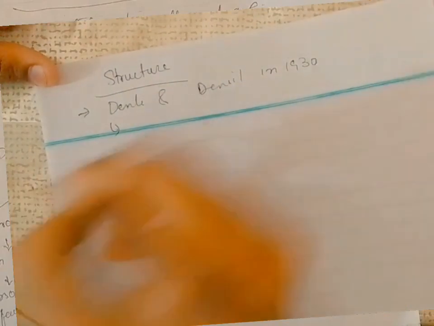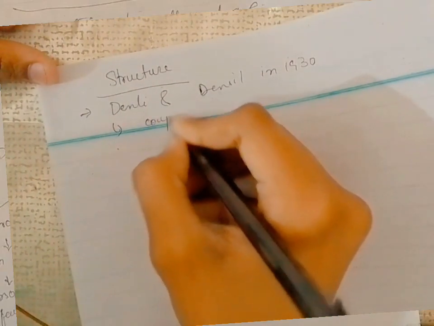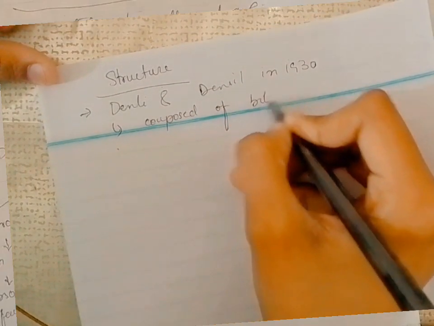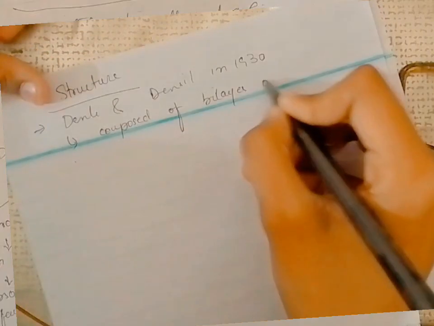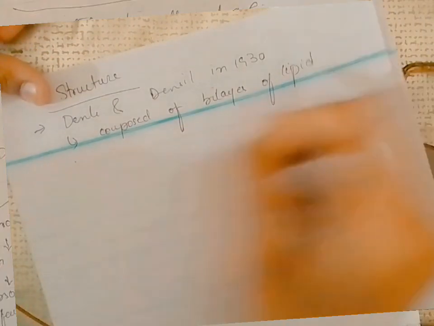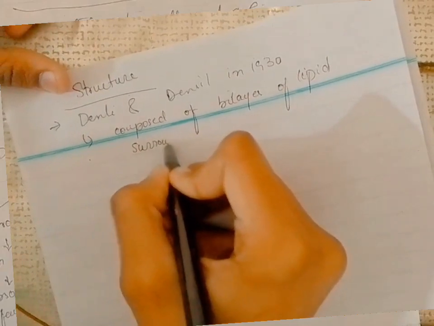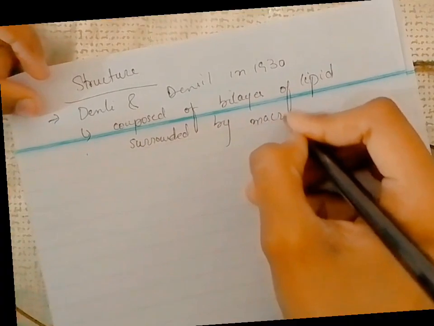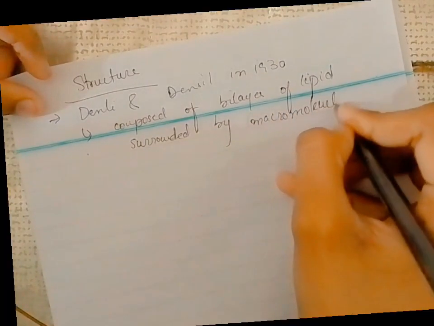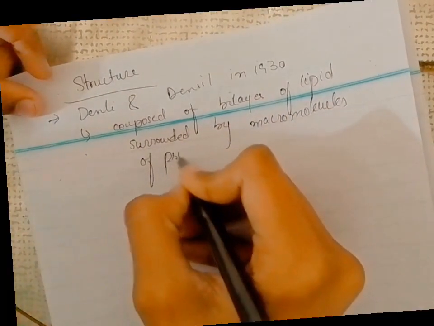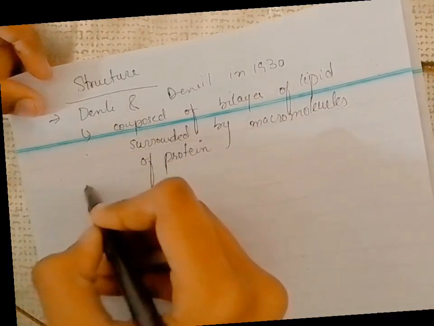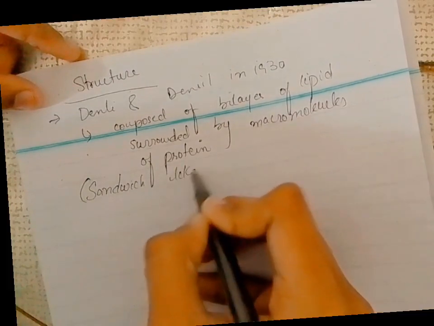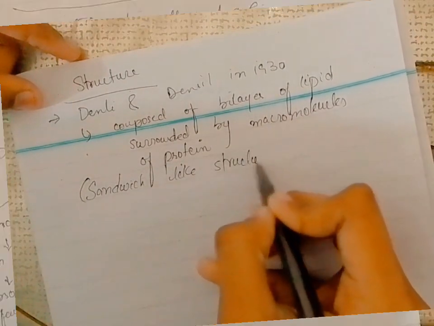According to them, the cell membrane is composed of a lipid bilayer surrounded by macromolecules of protein. They said it is a sandwich-like structure.